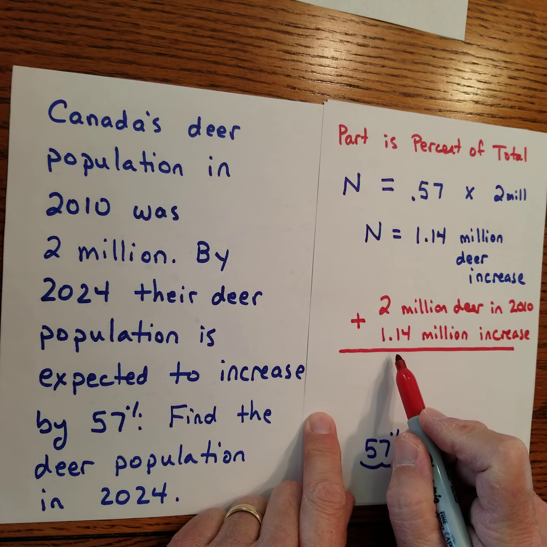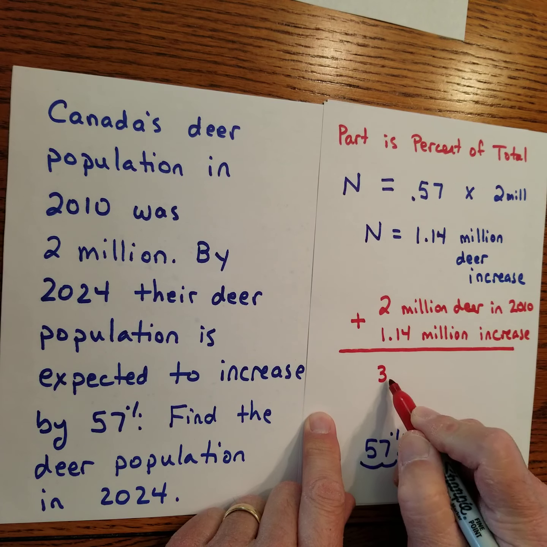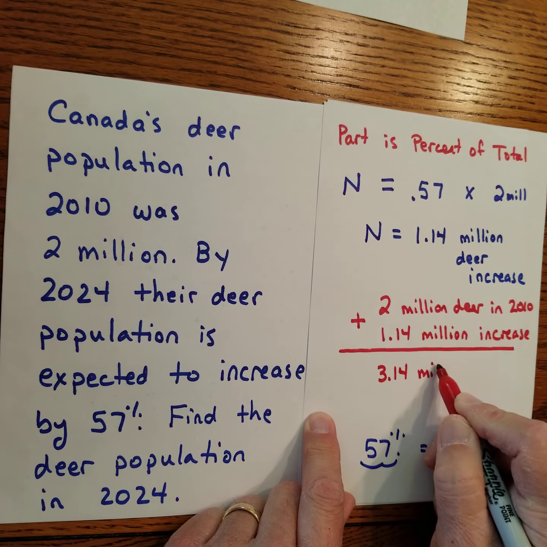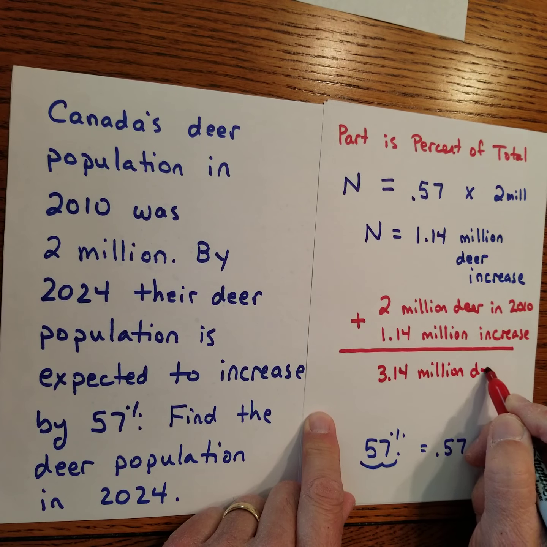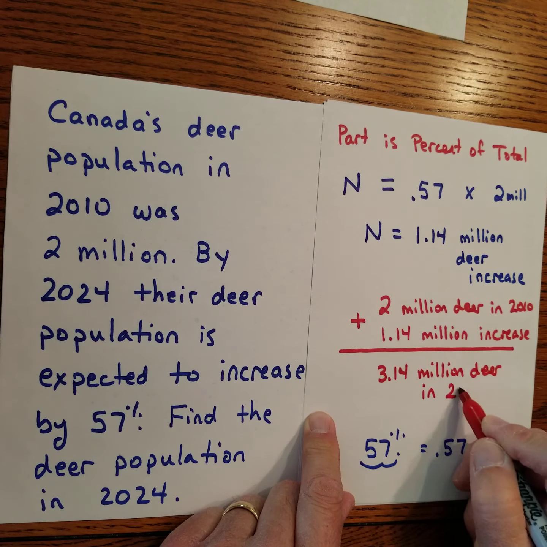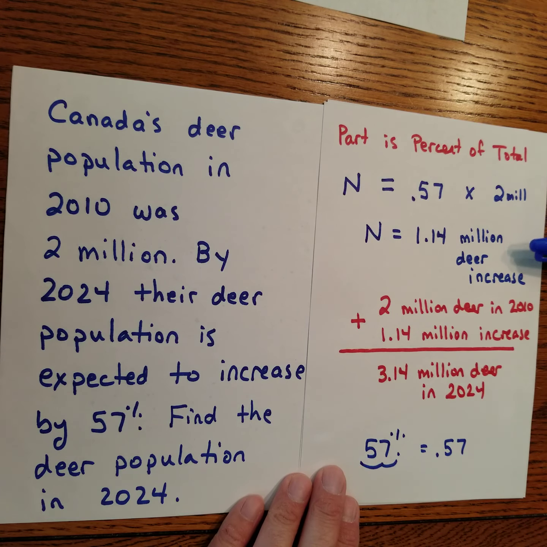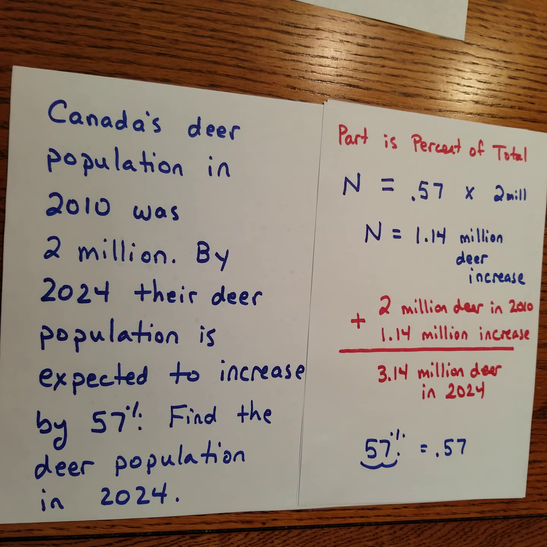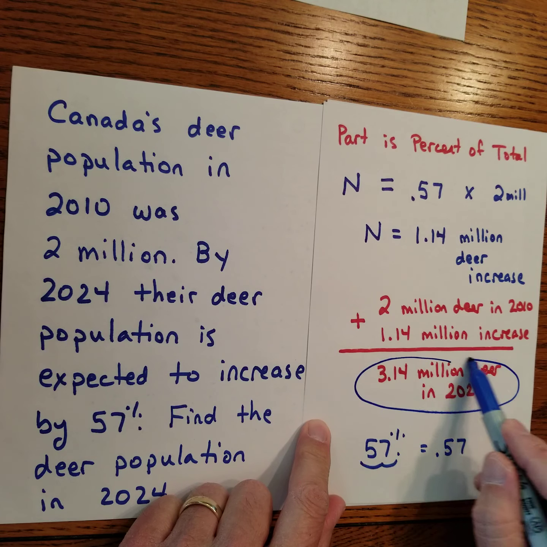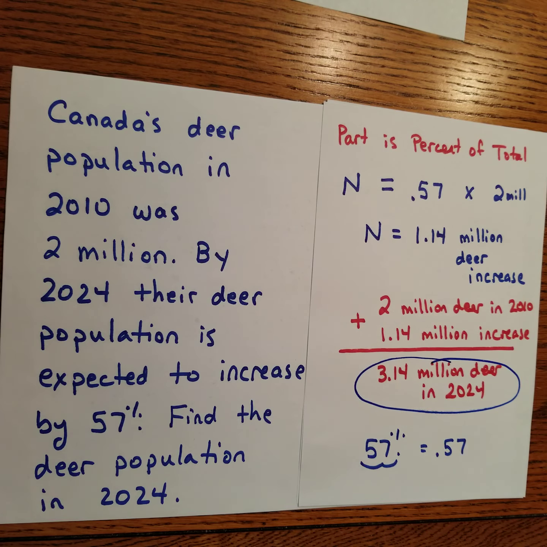If I add 2 million plus 1.14 million, I have 3.14 million deer in 2024. When you work these problems, give me the formula, fill in the formula, find the amount of the increase, and then answer the final question, the final deer population, by adding the original deer population and the increase together. There's the deer population in 2024.